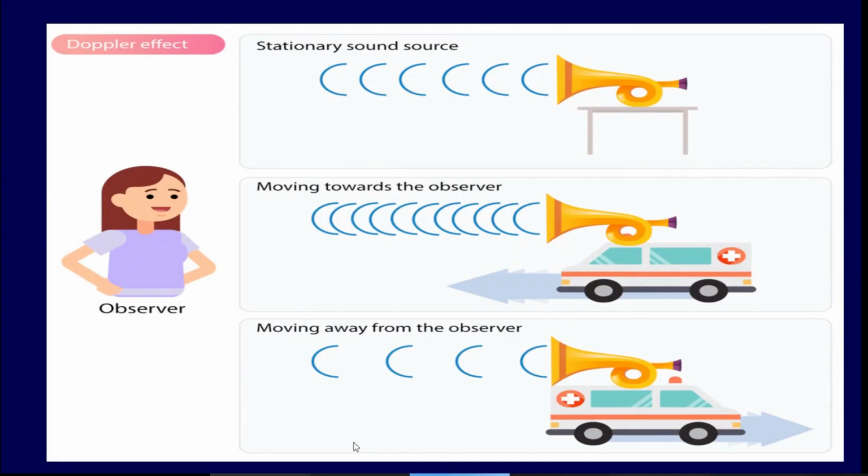As the engine is approaching the platform, you feel that the siren of the engine becomes shriller, but as it is passing away, it becomes less shrill. So this is a practical experience. Even with an ambulance, when it is coming towards you, you feel that the siren is very high in its pitch, but when it's moving away, the pitch decreases. This is the Doppler shift.